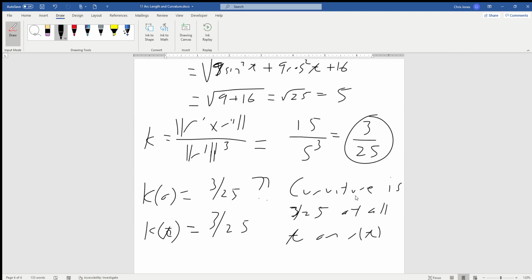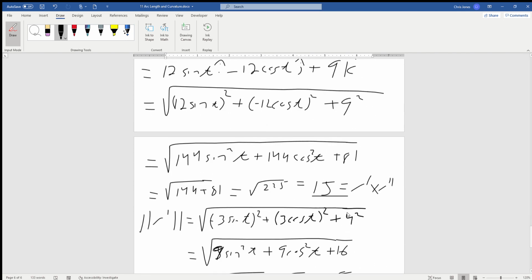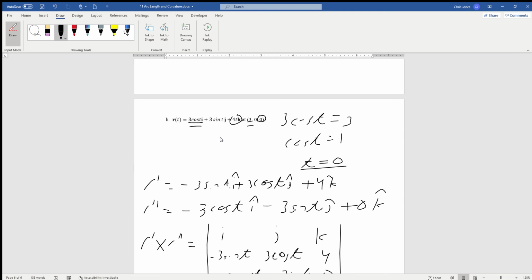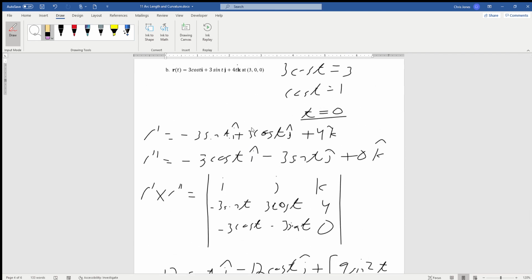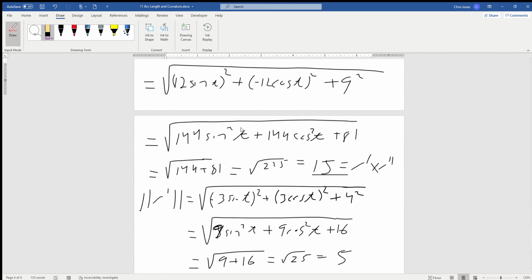And how does that make any sense? Well, if we go back up to the top, you might remember that this function, 3 cos t, 3 sin t, 4t, is actually a helix, and it's going to spiral around the z-axis.